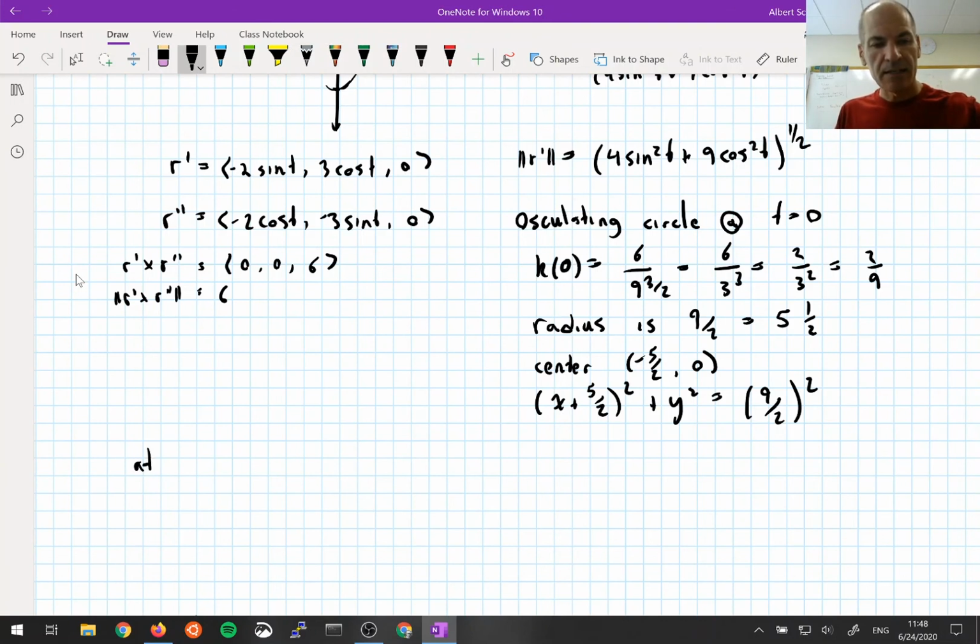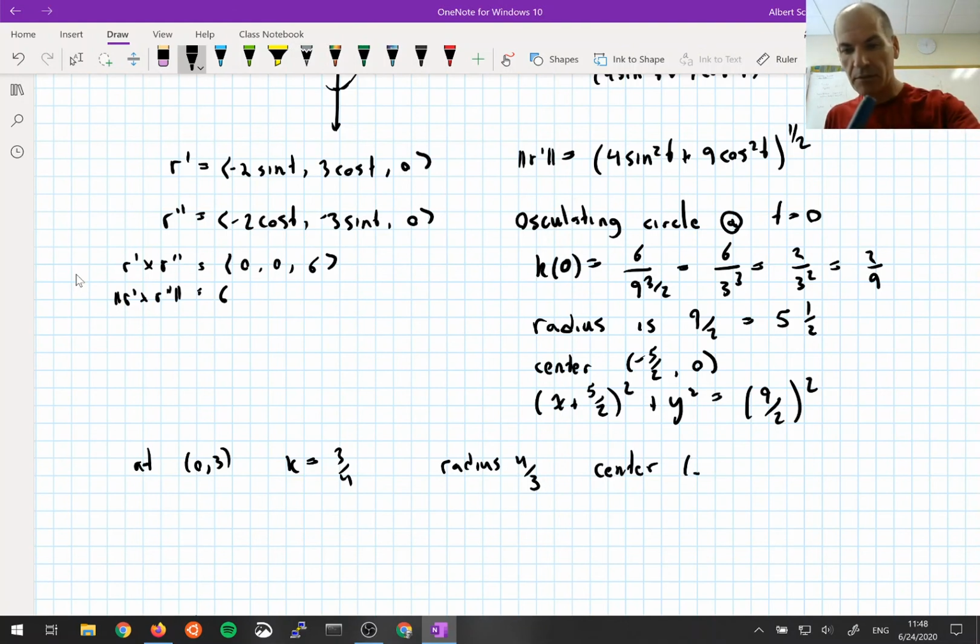At 0, 3, I get curvature of 3/4. Therefore, the radius is 4/3, and the center is going to be 0 and 5/3.